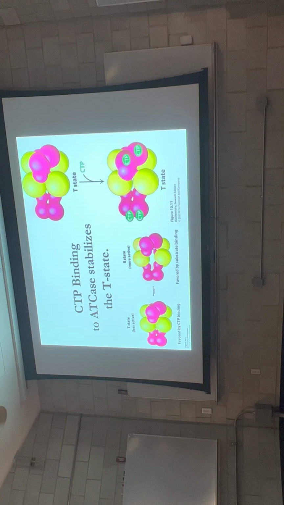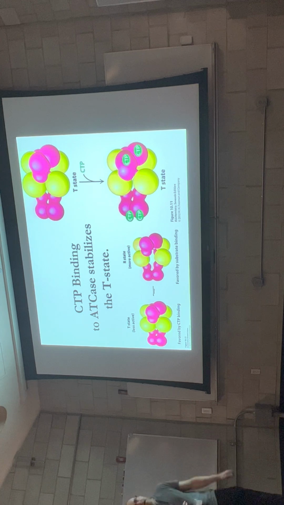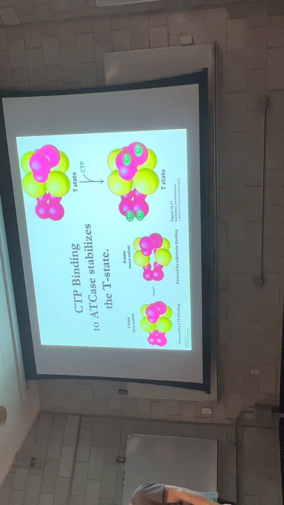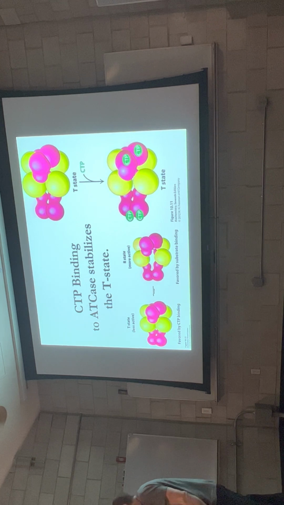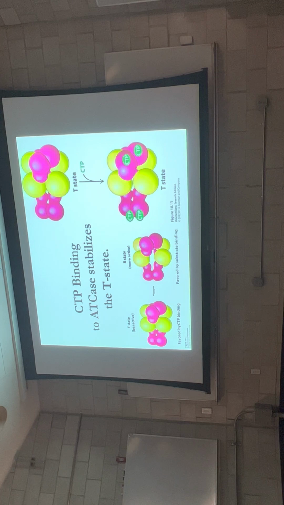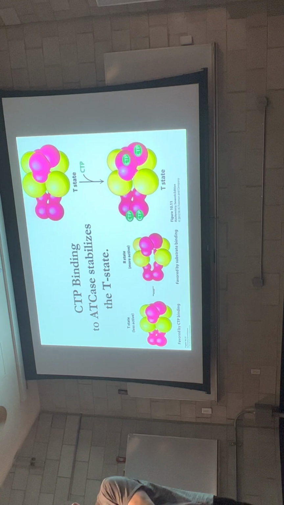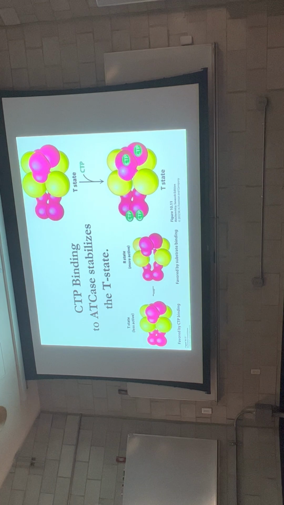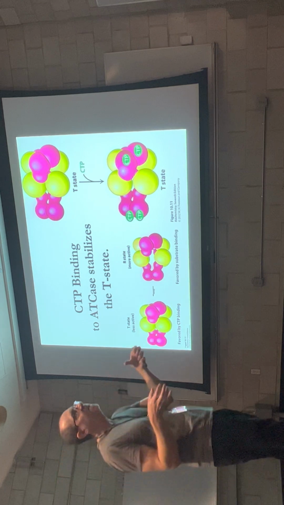Now let's just briefly talk about allosteric effector binding. It's going to occur at the regulatory subunit site. And what's going to happen is binding at that regulatory site, even though that binding is tens of angstroms away from the active sites, that binding is communicated to the active sites because of the structure of ATCase, right?